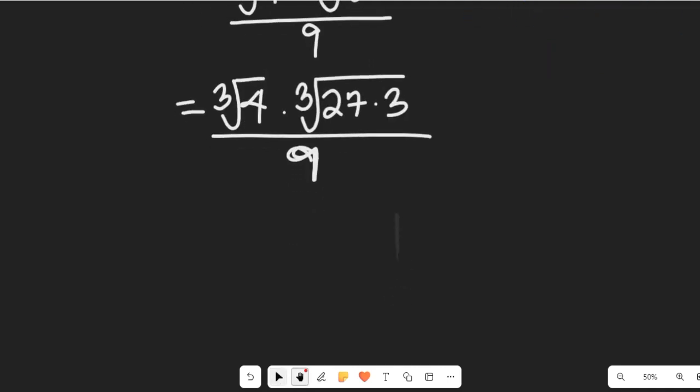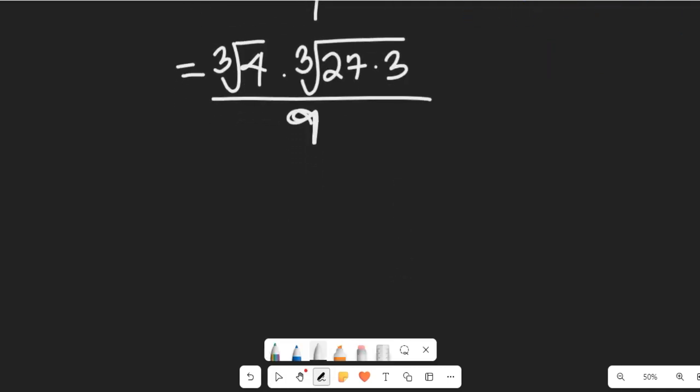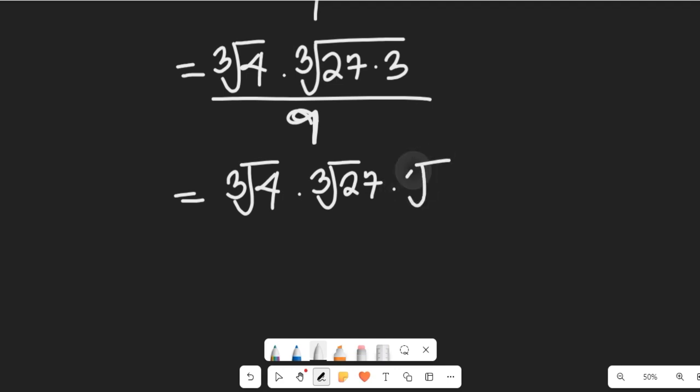Now in the next expression, we can still simplify this to become the cube root of 4 multiplying the cube root of 27 multiplying the cube root of 3, right? And all of these will be divided by 9.